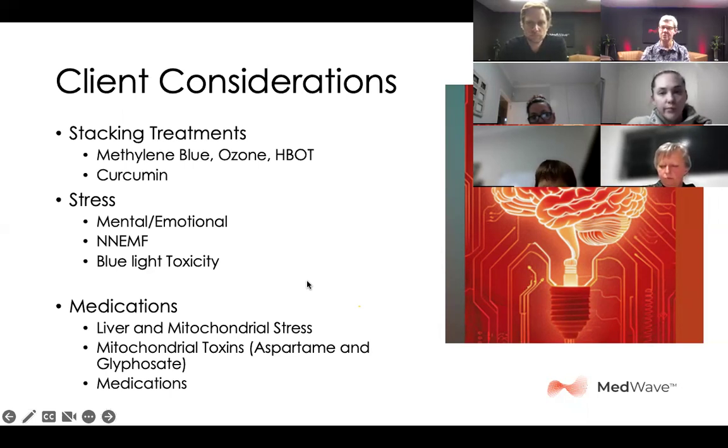You don't want to hit the person with photobiomodulation on top of that. The general consideration is that if someone wants to do something like hyperbaric oxygen or ozone therapy, a course of photobiomodulation would be a very good way to prime them for a much better outcome if they were going to be using ozone or hyperbaric oxygen, but not at the same time.